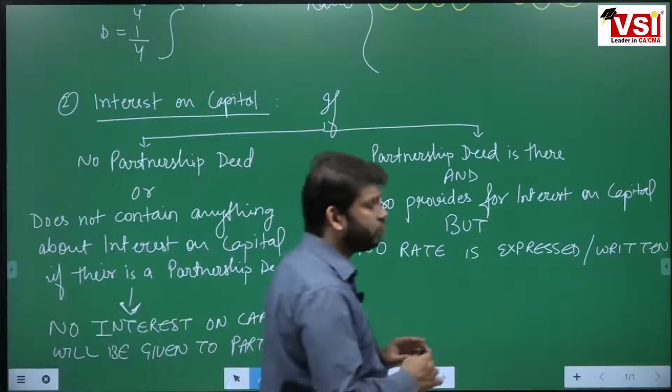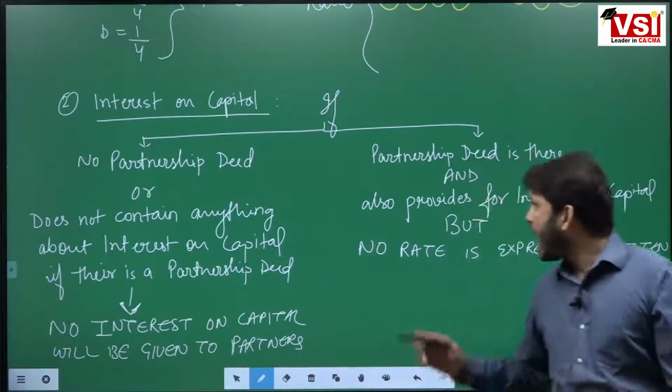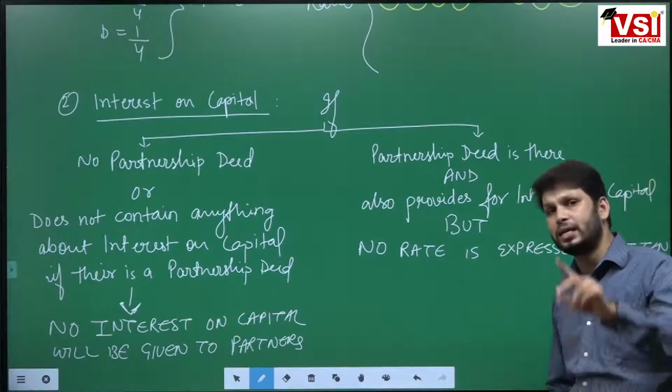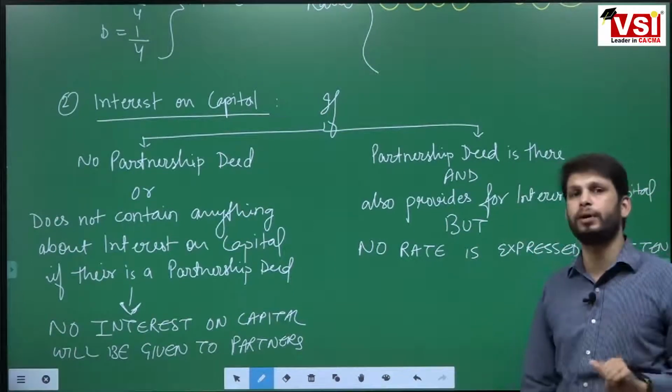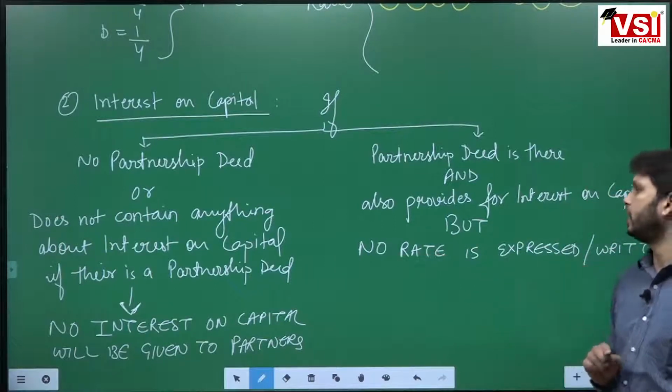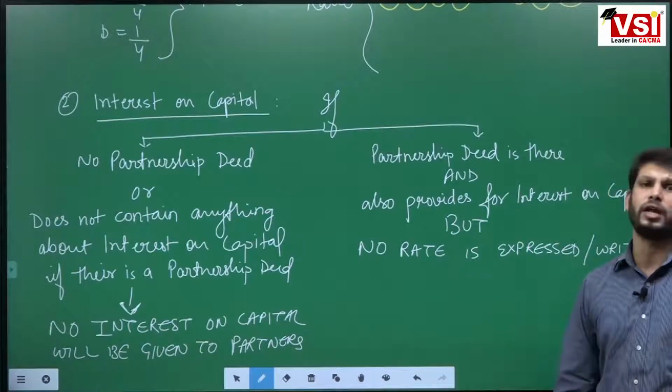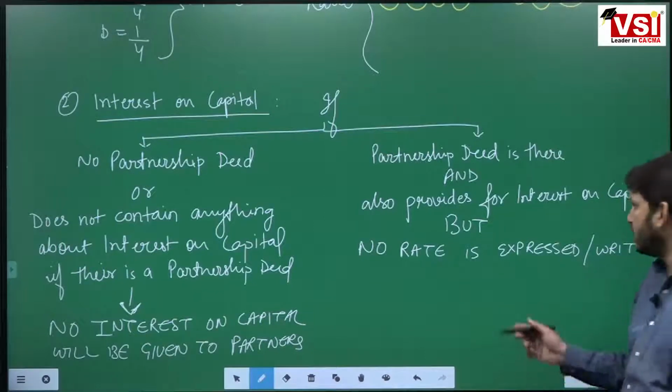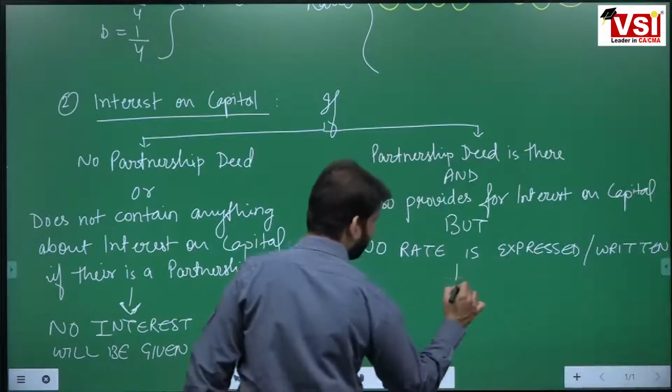But if there is a partnership deed and it also states that yes, interest on capital is to be given to the partners, but no rate is expressed or written, they did not write any rate of interest, then what will happen? Very important.